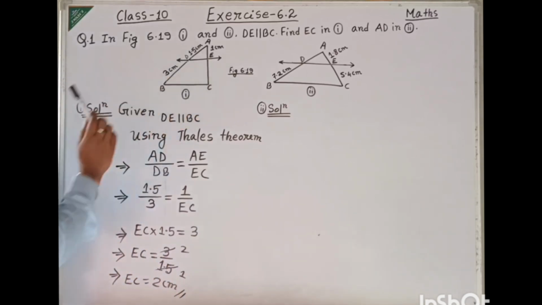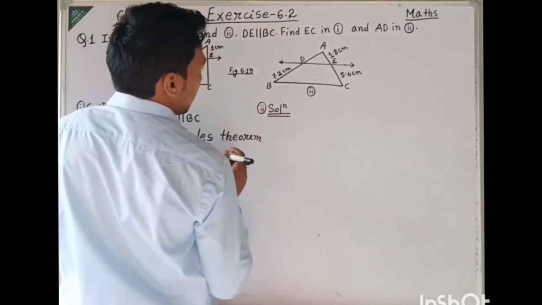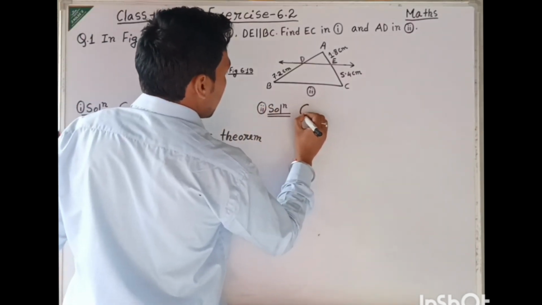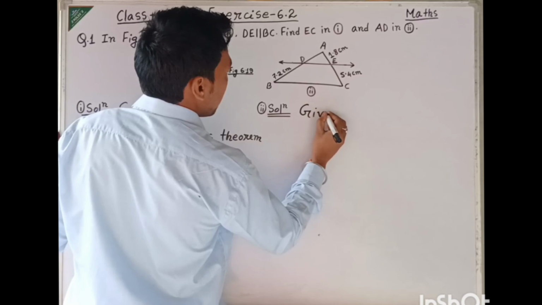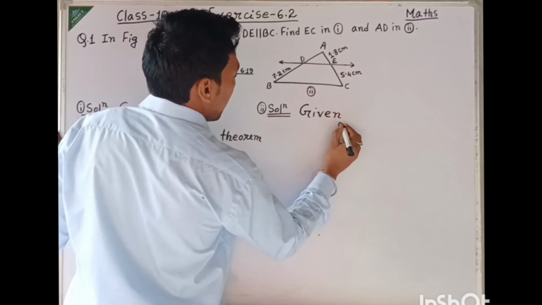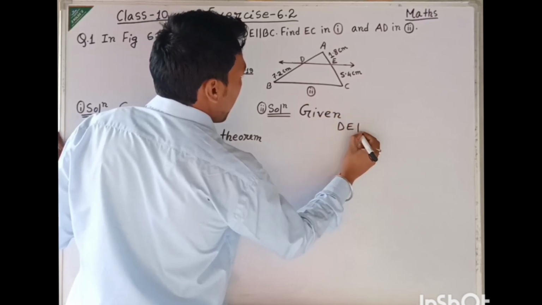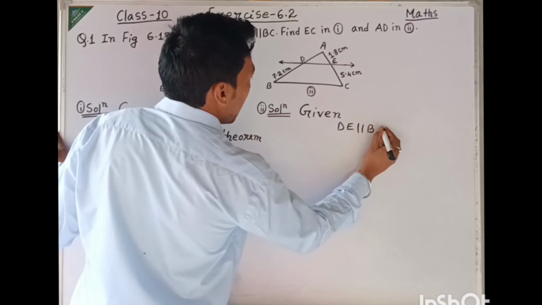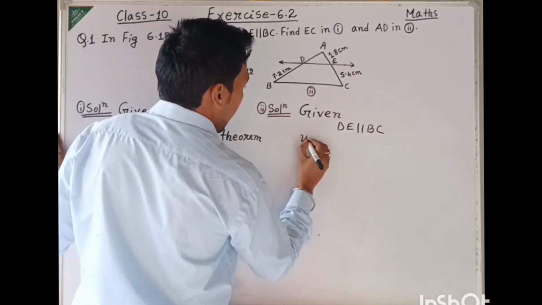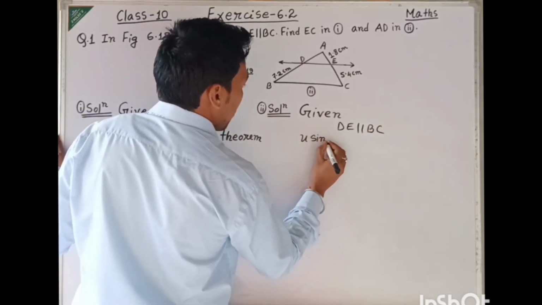Now we'll do figure 2. So here also the same thing, I'll write given: DE parallel BC. If DE is parallel to BC, then I can apply Thales theorem.